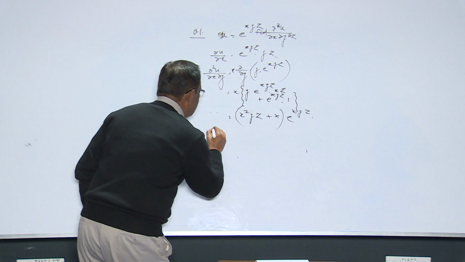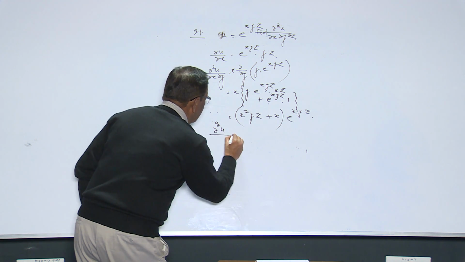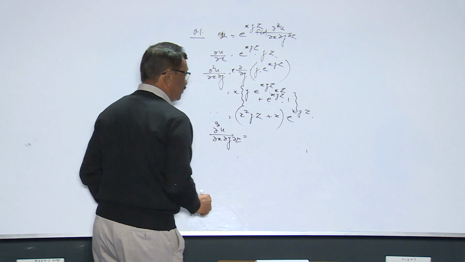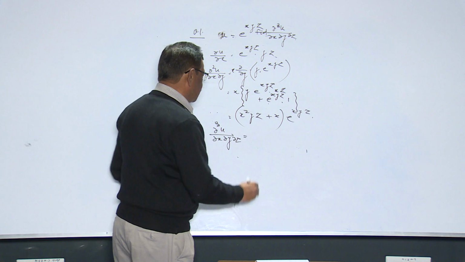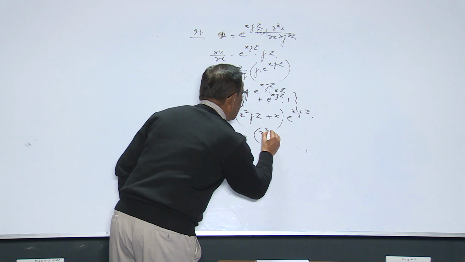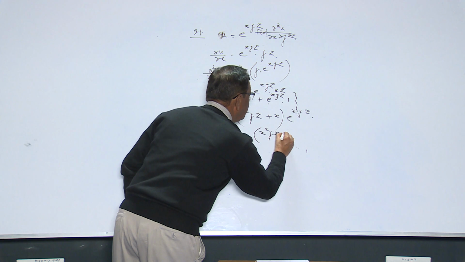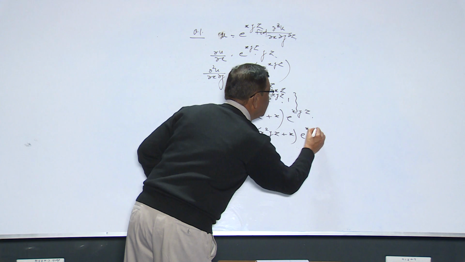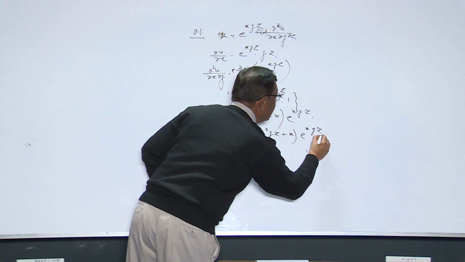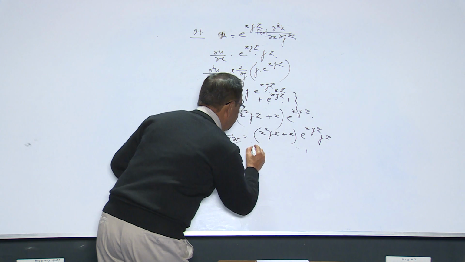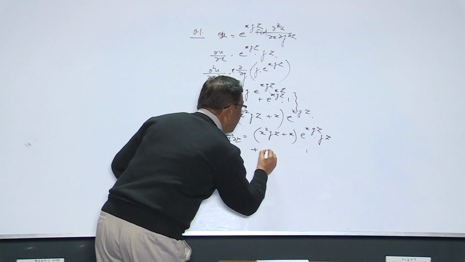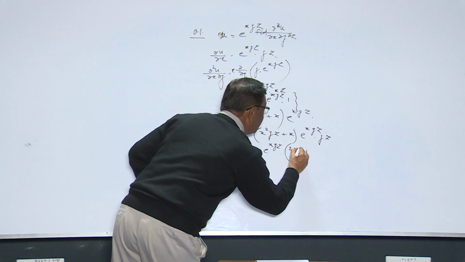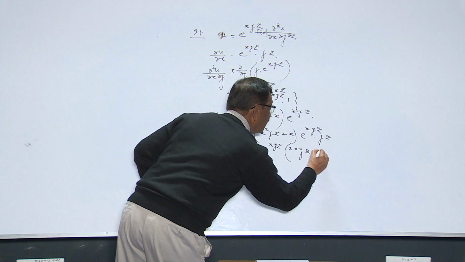Now, ∂³u/∂x∂y∂z is equal to, again a product of two: first function as it is, x²yz plus x, times e^(xyz) into yz, plus e^(xyz) times the derivative of the first, that is 2xyz plus 1.